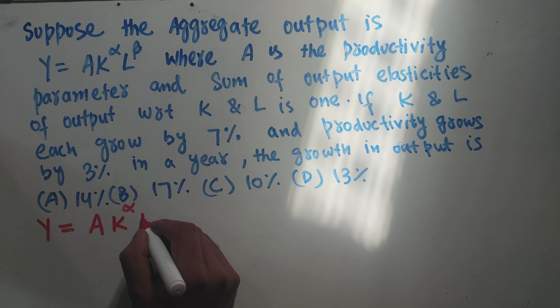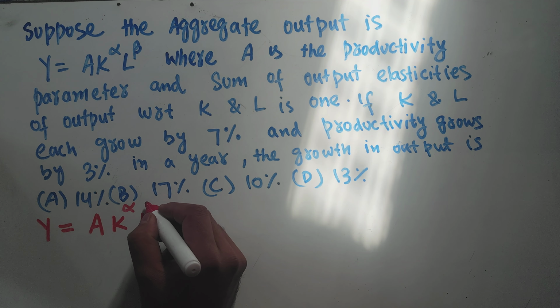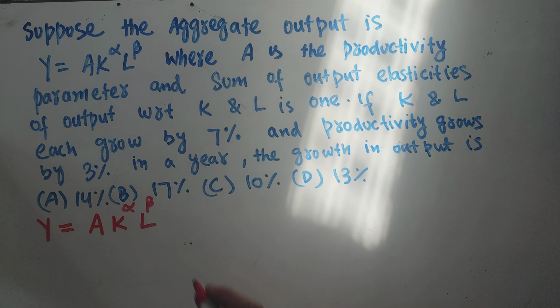Times L, which denotes the units of labor employed, raised to the power beta. Beta denotes the output elasticity of labor, the change in the output due to the change in the units of labor employed. This is our production function.